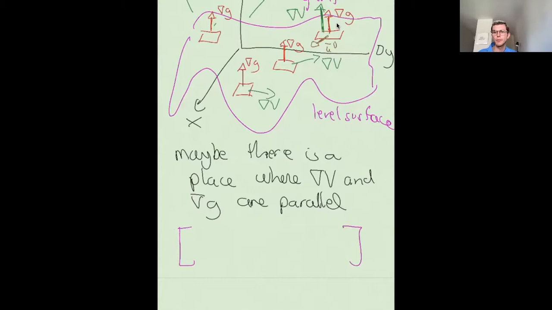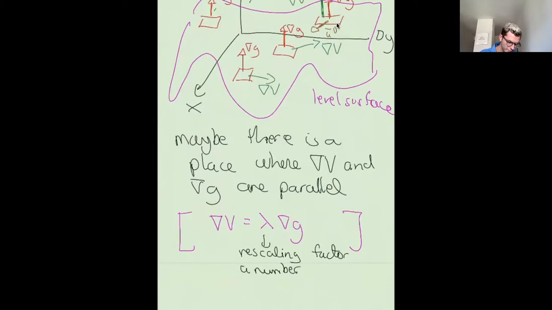That means that one is a multiple of the other, because one is just a rescaled version. So the gradient of V should be some multiple of the gradient of G, and that multiple is usually written lambda. This is just a rescaling factor, just a number.